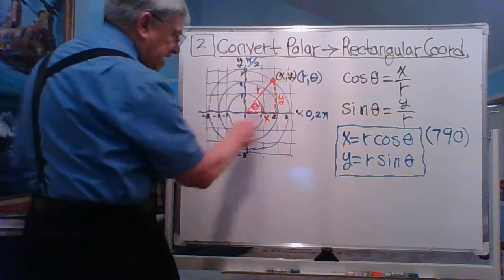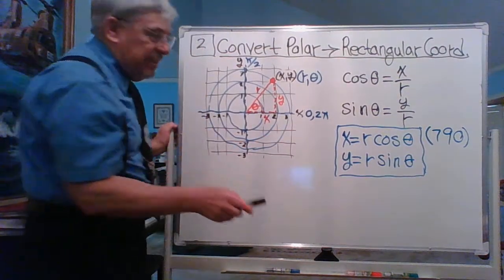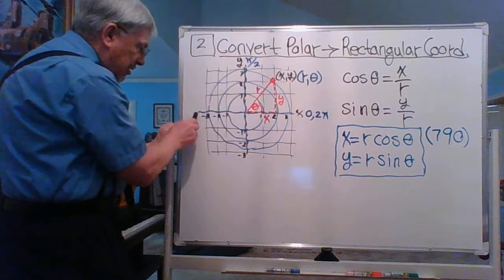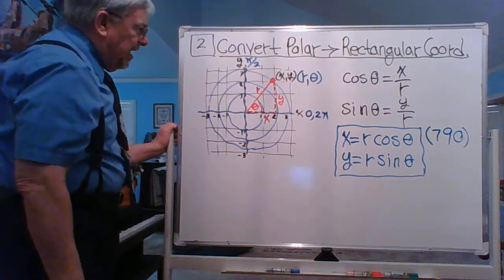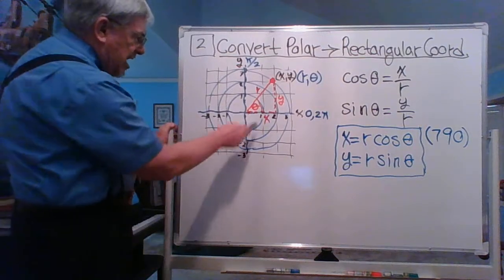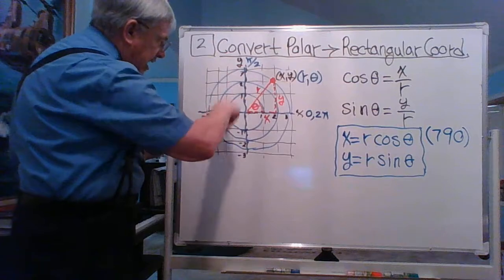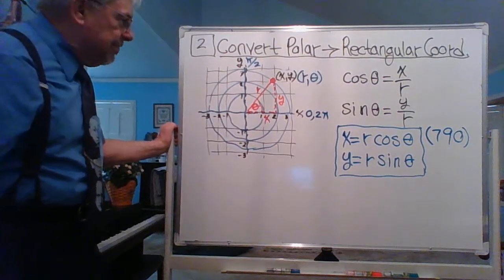So here I have the x-axis, y-axis, and for the polar coordinate system, 0 and 2 pi, pi over 2, pi would be over here, and 3 pi over 2 would be down here. Inside I can see I have concentric circles at 1, 2, and 3, and I have the rectangular coordinate system overlaid on top of that.